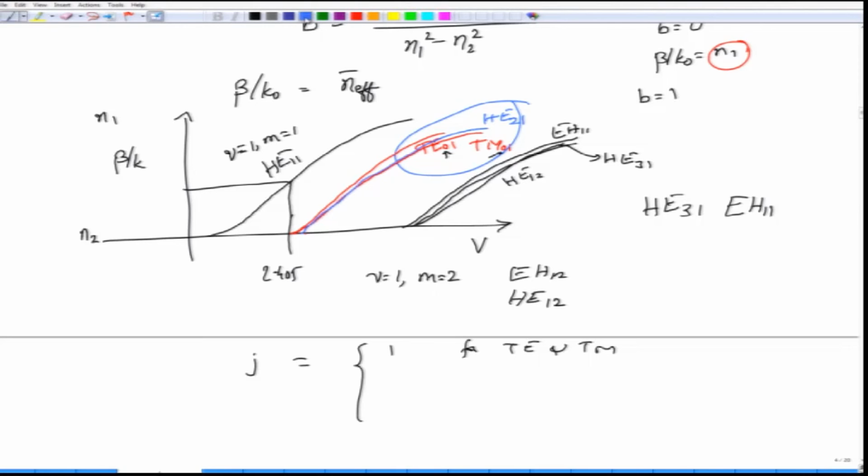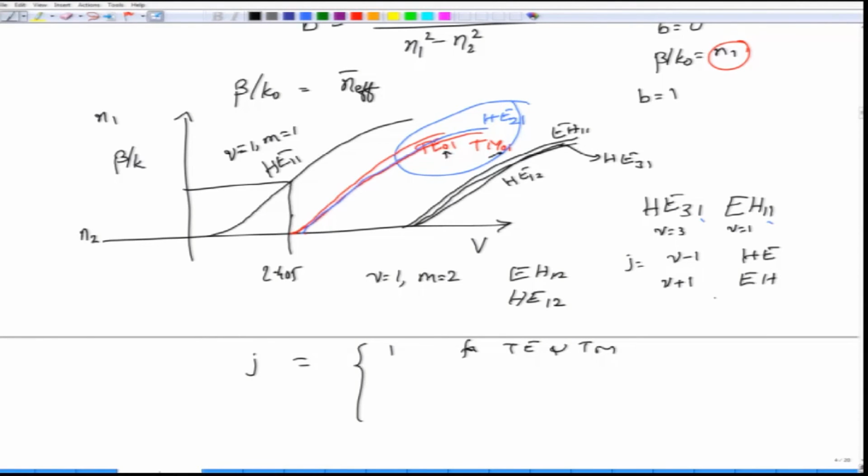The second index for both of them is 1 and 1, but what about the first index? The first index for HE is 3, right. Nu is equal to 3 here, nu is equal to 1 here. If I define j as nu minus 1 for HE modes and nu plus 1 for EH modes, did I get it correctly?